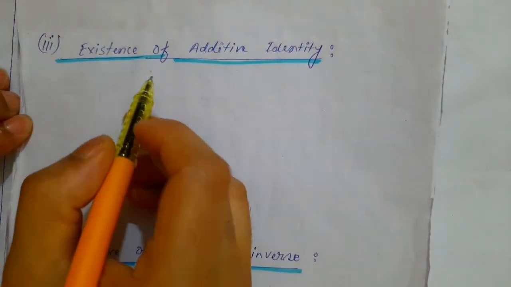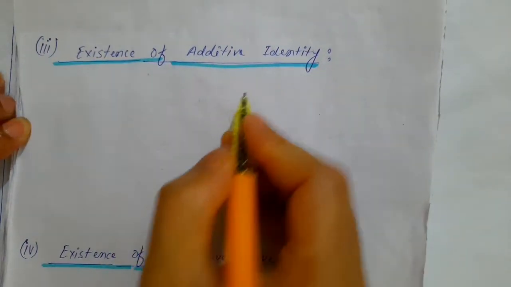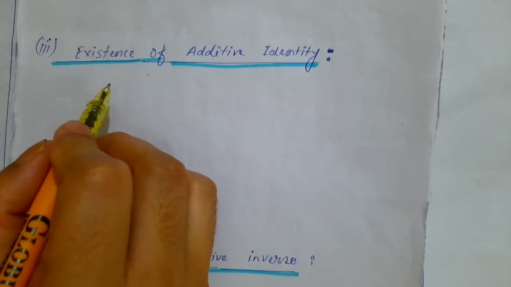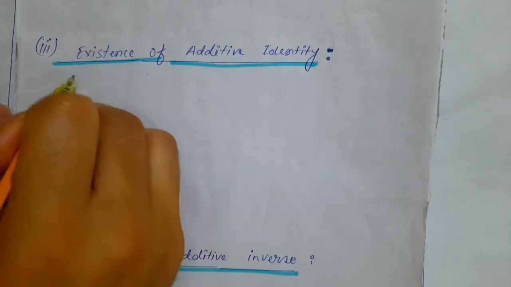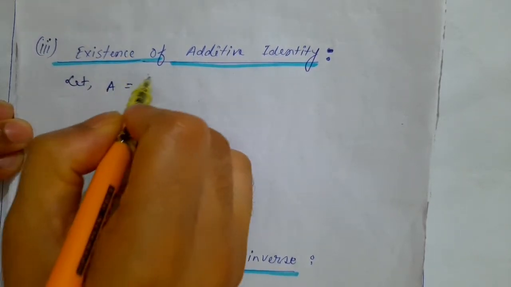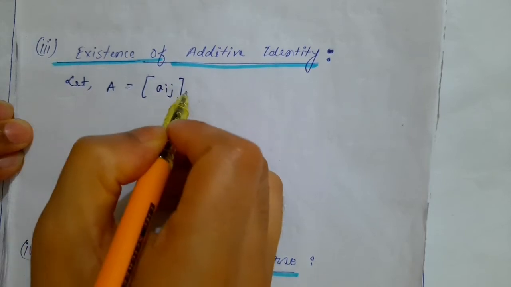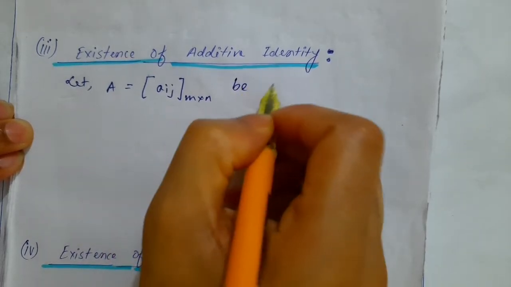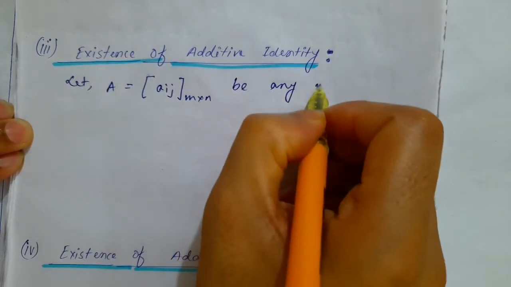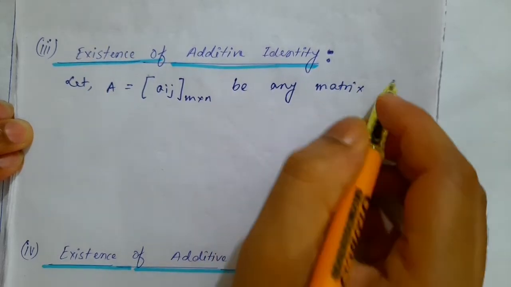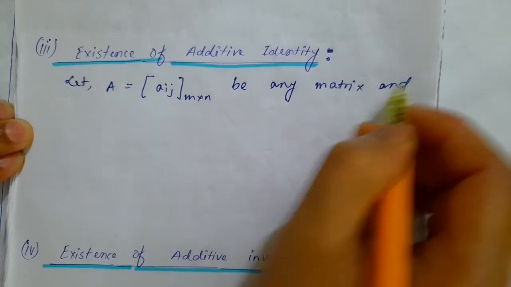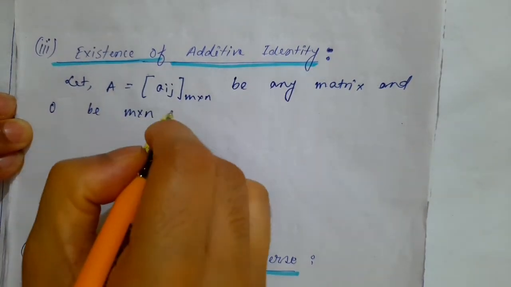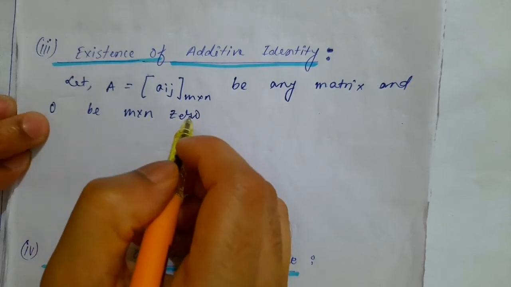The third one is the existence of additive identity. It is a property of addition of matrices. Let A equal Aij of order m by l be any matrix, and let O be the m by l zero matrix.